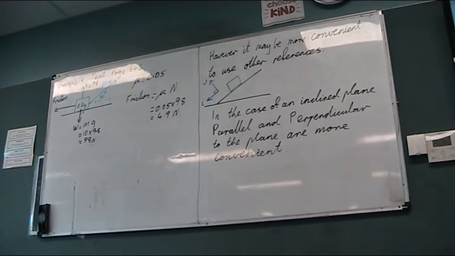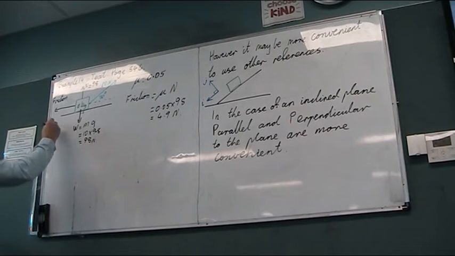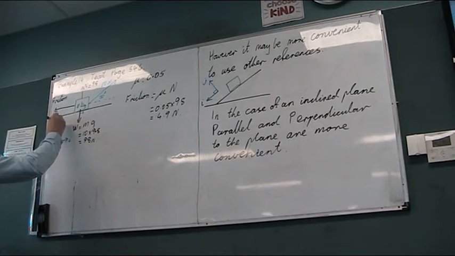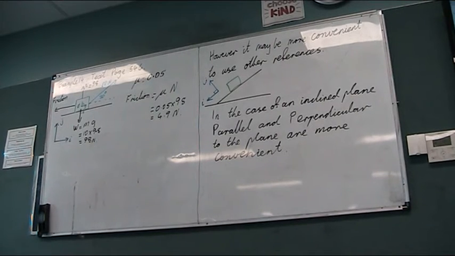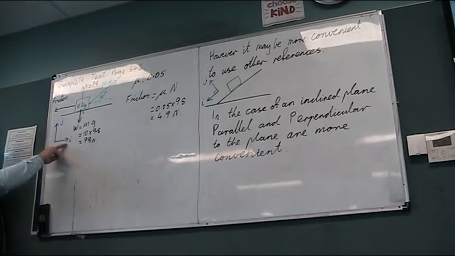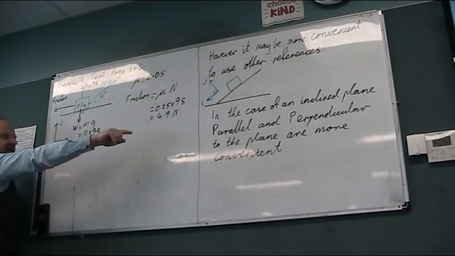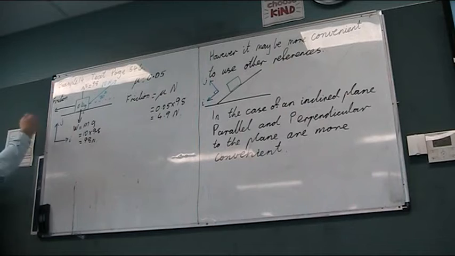So if we're going to look at I and J, for example, use a little key there for I and J. Because of the way I've drawn it, pointing that way, this is positive, and anything in the other direction is negative.